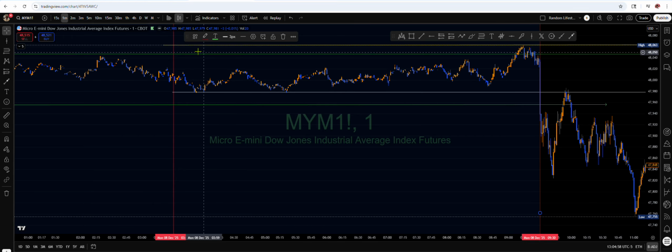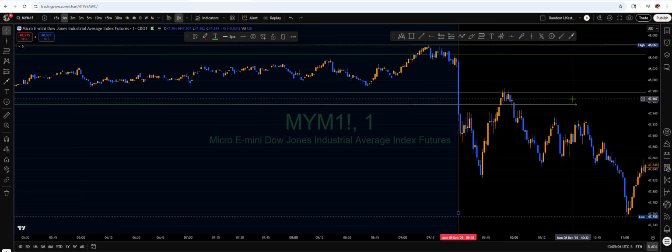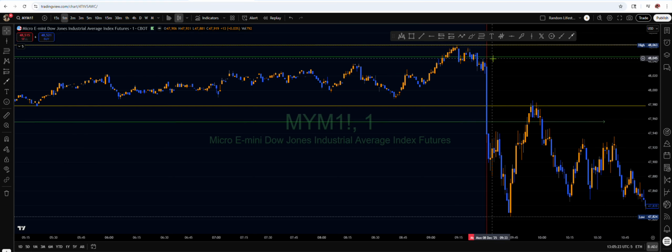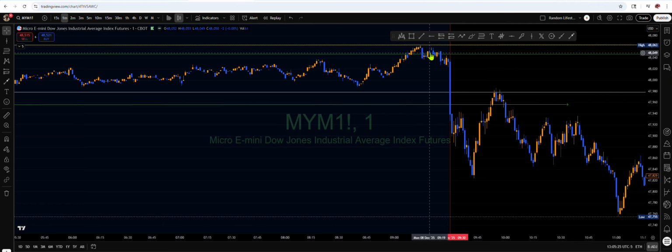So now we have the Asian higher high right here. What happened? The market made a higher low, made a higher high for London, came back down, bounced off of the bottom, and started making its way down.